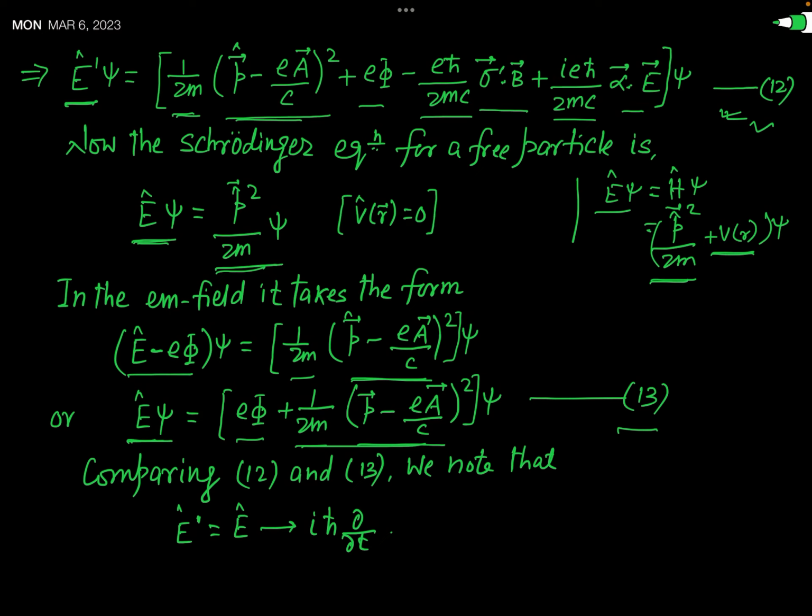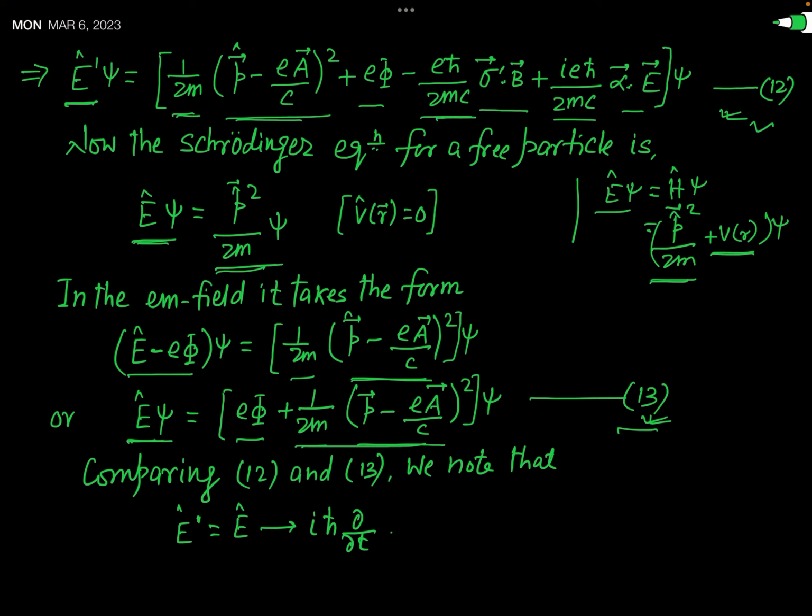But when you take the spin of the particle into consideration, then in an electromagnetic field, the wave equation for a free particle is not like what the Schrodinger equation says, but like the Dirac equation defined in equation 12.